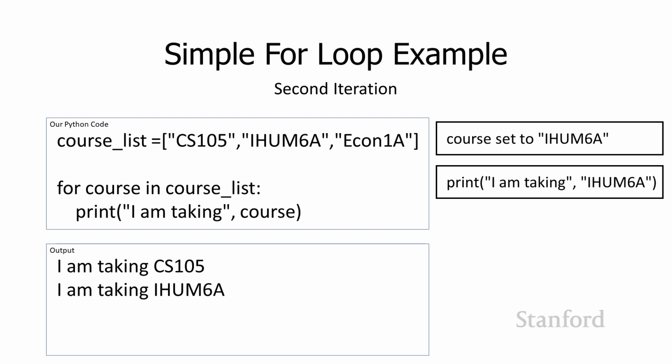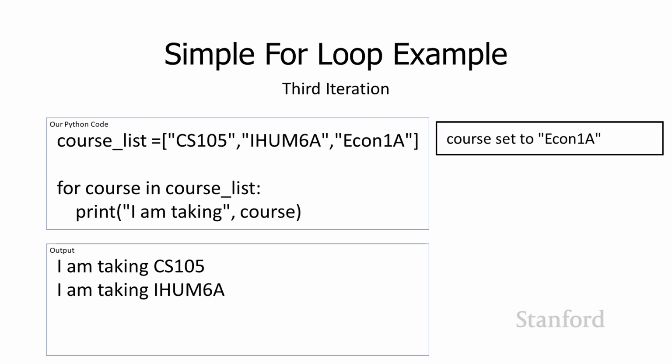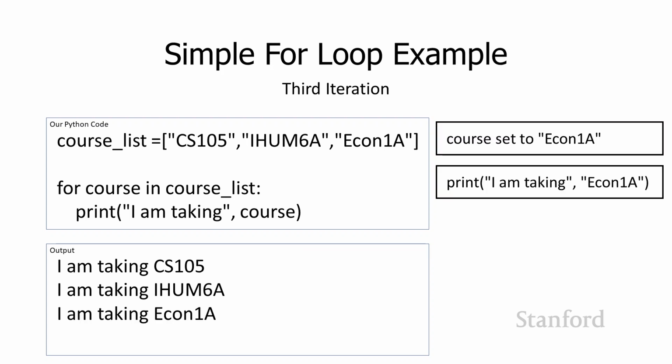And in this case, it's going to do the equivalent of printing I am taking, and then it'll retrieve the value of the variable. So it'll be as if I had that string there, ihum6a there, and it'll print I am taking ihum6a. And then we've got one more iteration. The third iteration, the course is going to be set to econ1a, and this will print I am taking econ1a, and there's my output. So it did exactly what we expected.